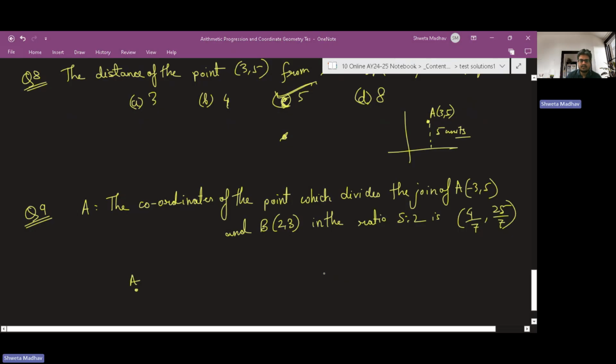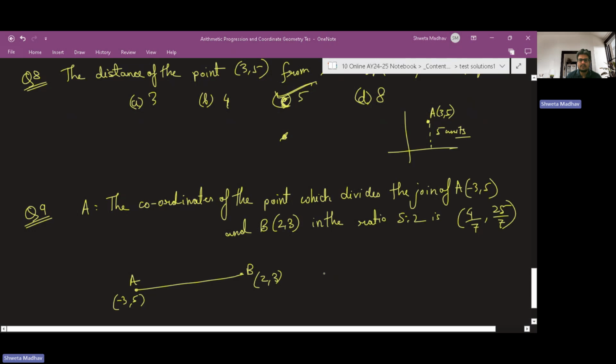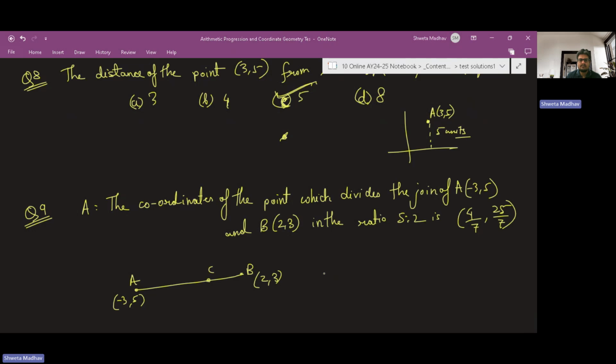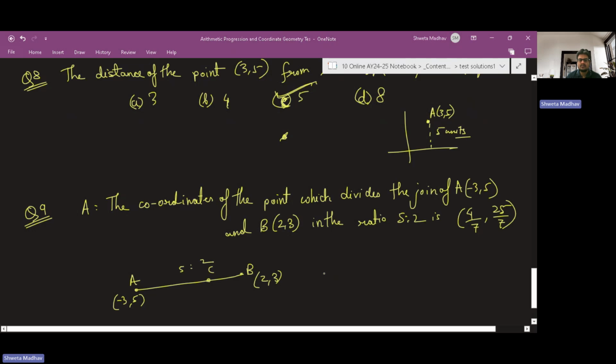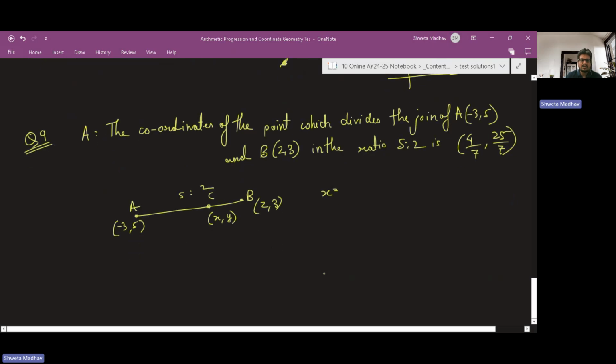So we take a point A, which is (-3, 5), and point B, which is (3, 3). Then we have to find the point C which divides in the ratio 5 is to 2. Let's say C is (x, y). First we have to look at the reason also.